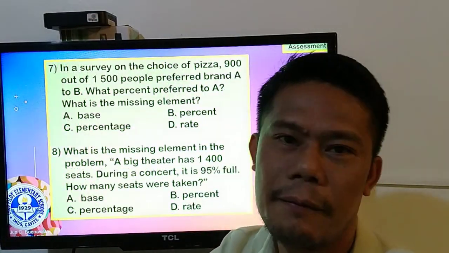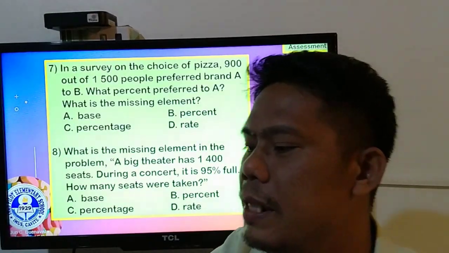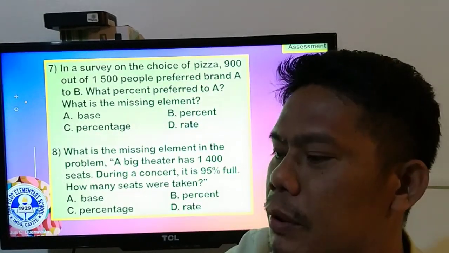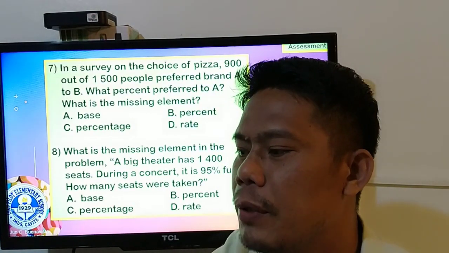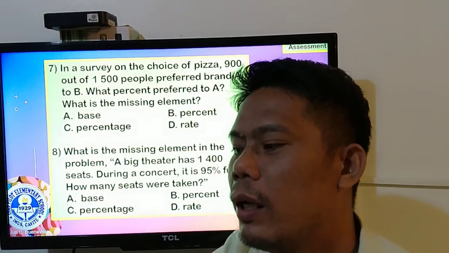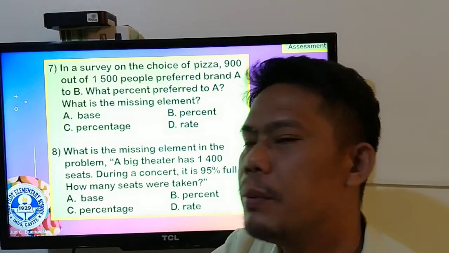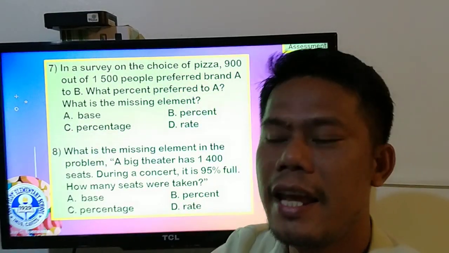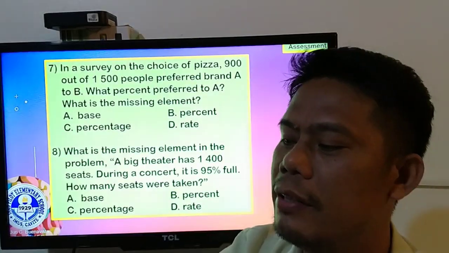Okay, number 7. In a survey on the choice of pizza, 900 out of 1,500 people preferred brand A to B. What percent preferred A? What is the missing element? A, base, B, percent, C, percentage, D, rate. Number 8.